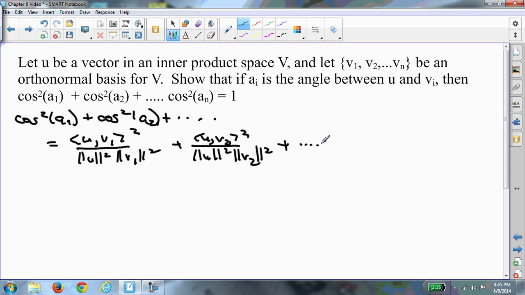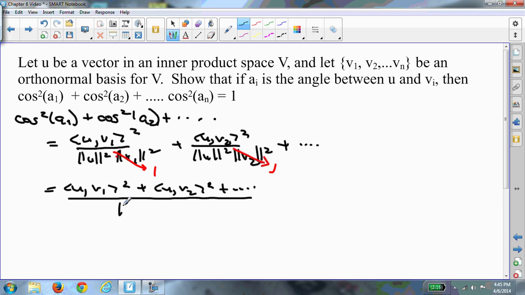But V sub I are orthonormal bases, so V1 has a magnitude of 1, V2 has a magnitude of 1. And if I combine this, I now have U comma V1 squared plus U comma V2 squared plus so on and so forth, all over magnitude U squared.